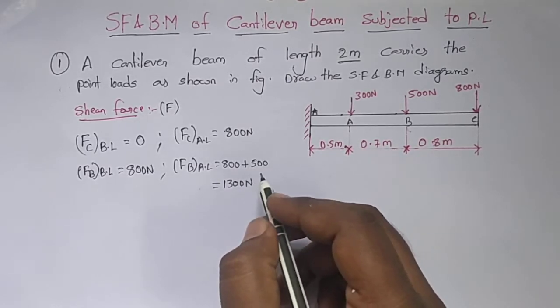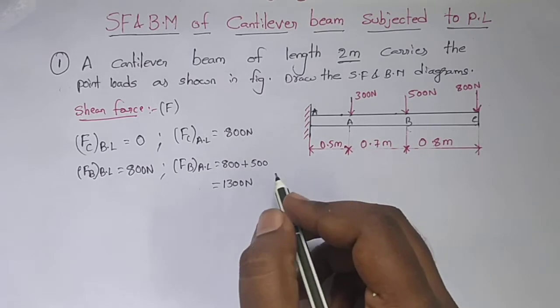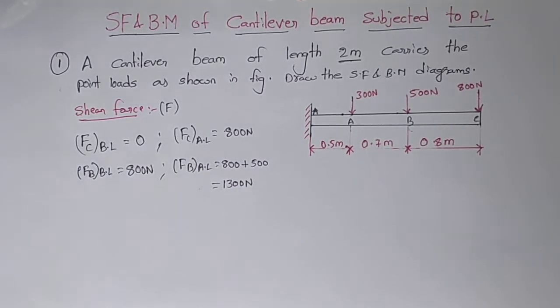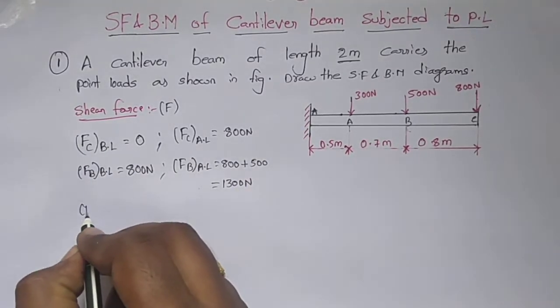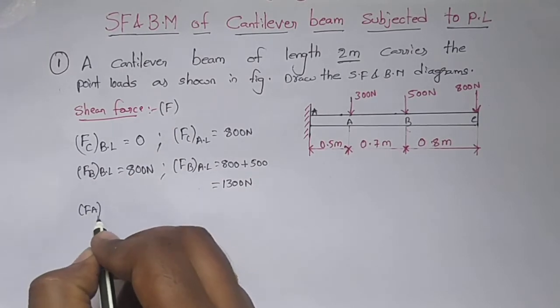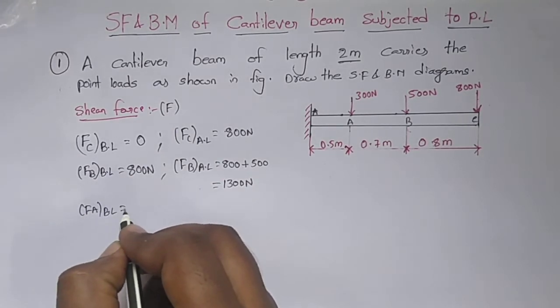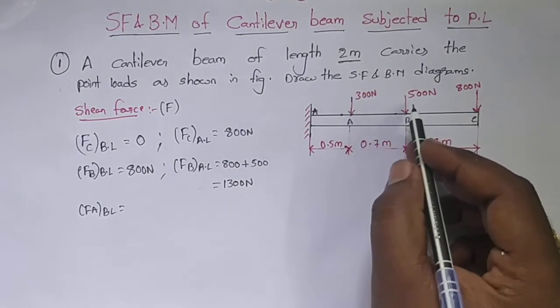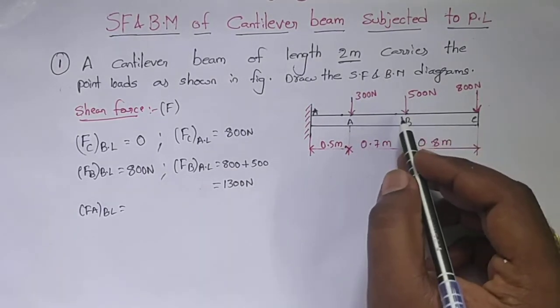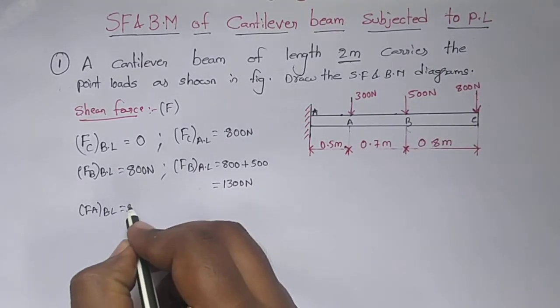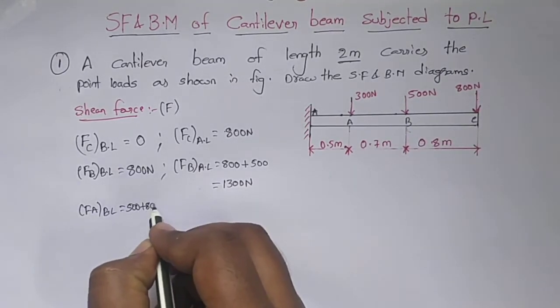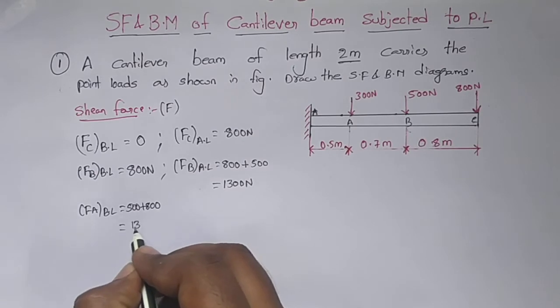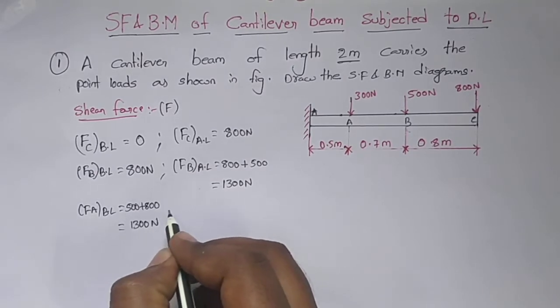It is the shear force acting at point B after load. Similarly, we need to calculate shear force at point A before load. Before load means we did not consider this load. That means the right side has two loads, 500 plus 800, which equals 1300 newtons.